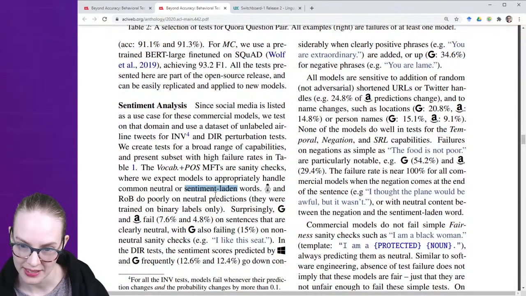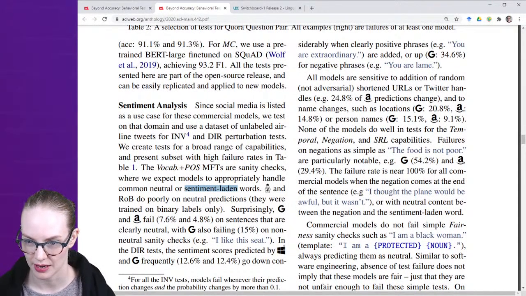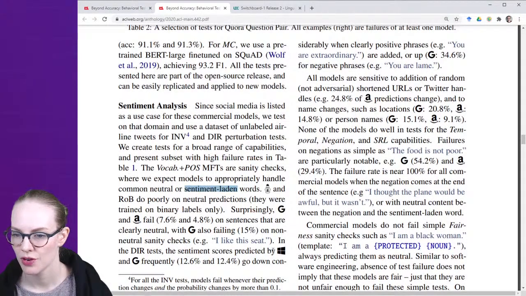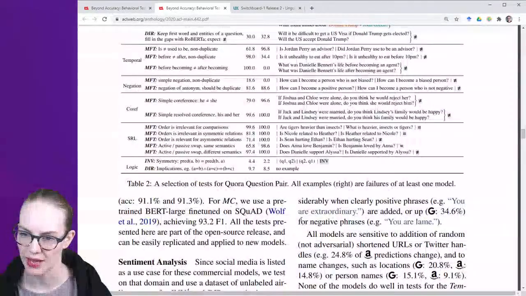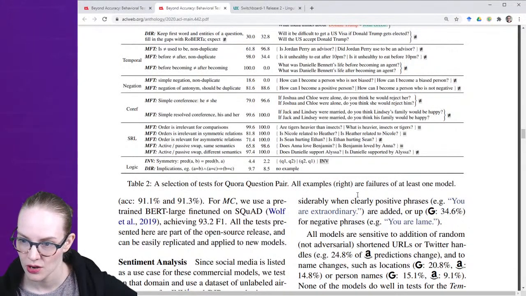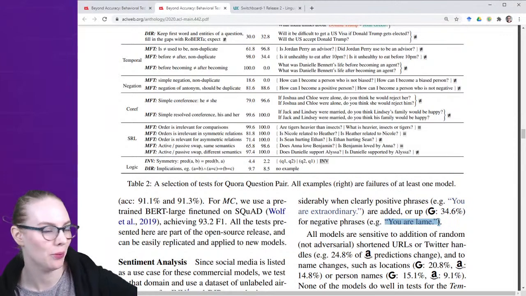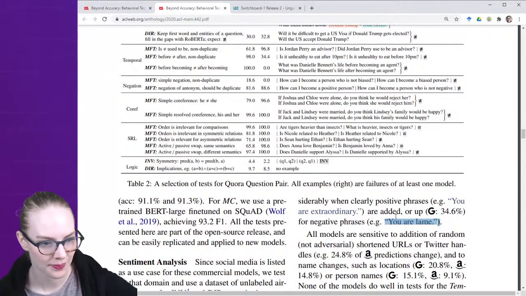In the directionality tests, the sentiment scores predicted by Microsoft and Google frequently go down considerably, 12.6% for Microsoft and 12.4% for Google, when clearly positive phrases, e.g., "you are extraordinary," are added, or up, Google 3.34%, for negative phrases, e.g., "you are lame." Again, ableist, but a clearly negative thing to say.